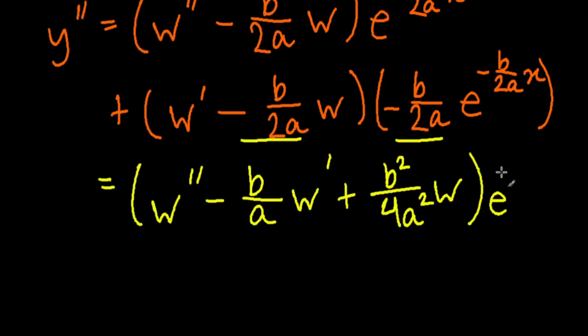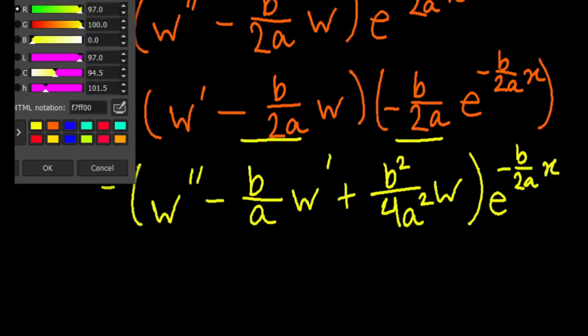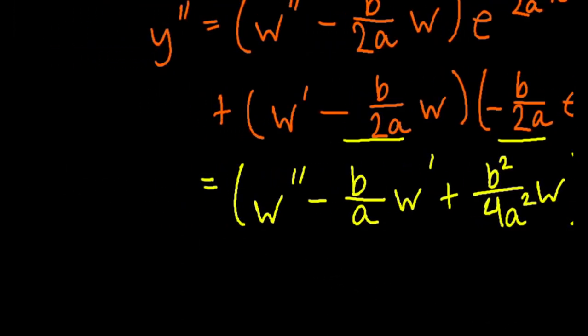So this all is again multiplied by the exponential, e to the power negative b by 2ax. Okay, so I'll actually rewrite that a bit. So we'll substitute all of that into our differential equation.